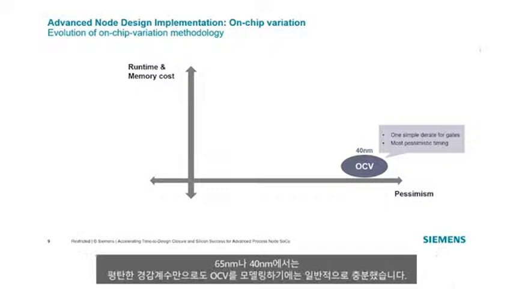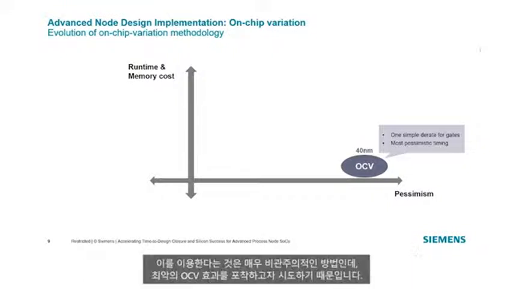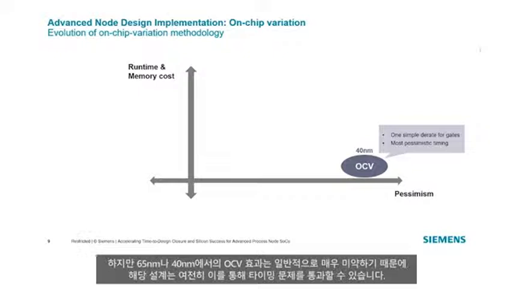At 65nm or 40nm, a flat derate factor was generally sufficient to model OCV. Using this method is very pessimistic because it attempts to capture the worst effects of OCV. However, because OCV effects at 65 or 40nm are generally very mild, this still allows the design to pass timing.